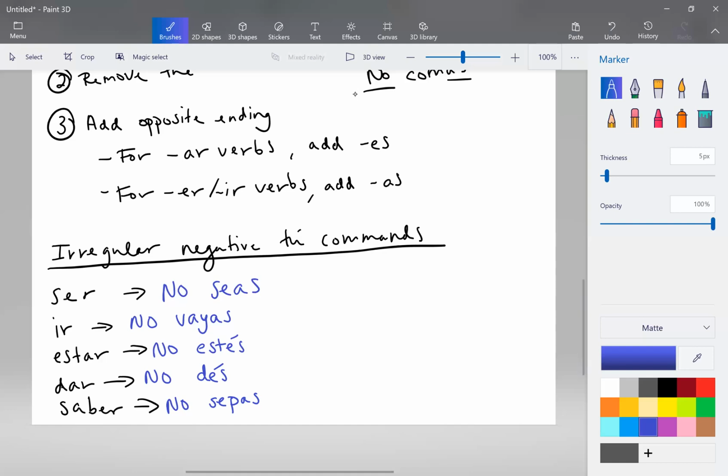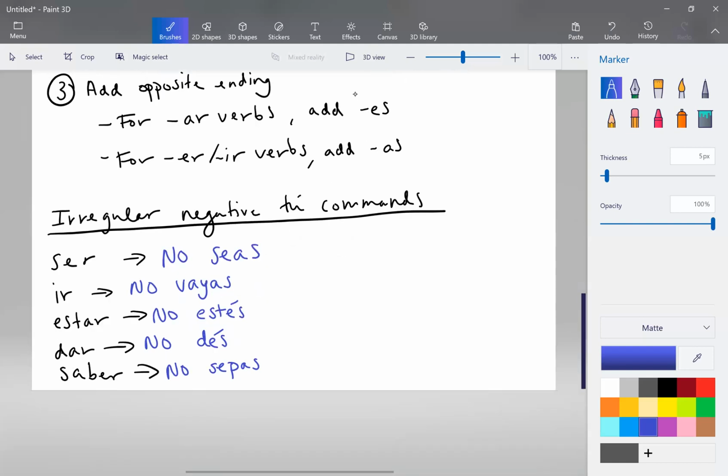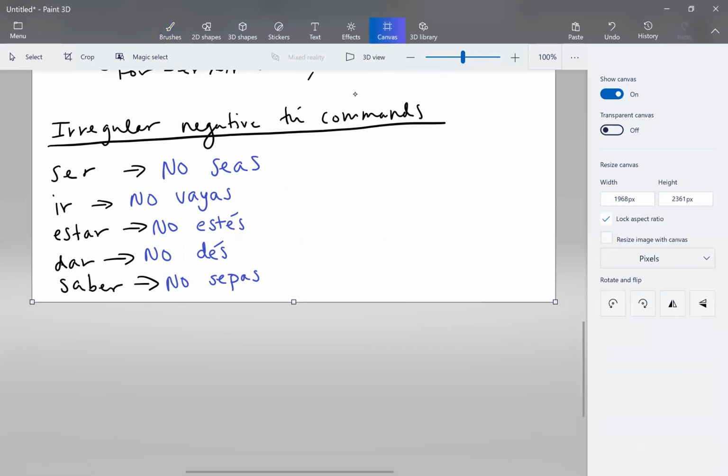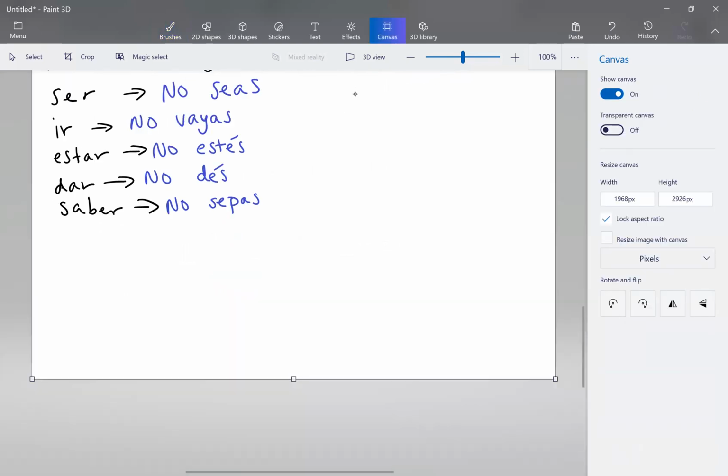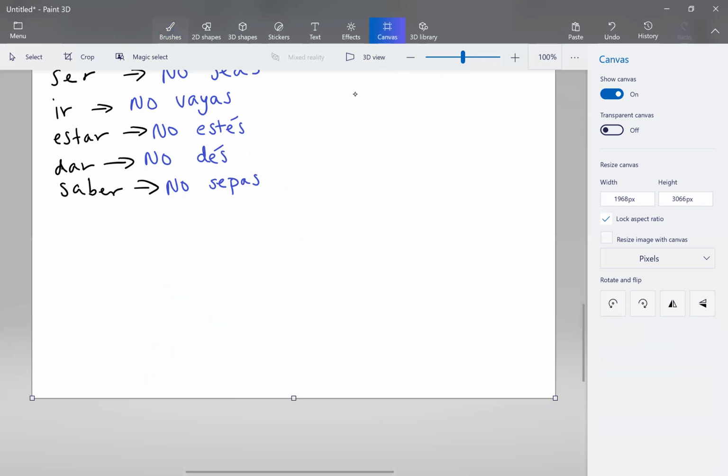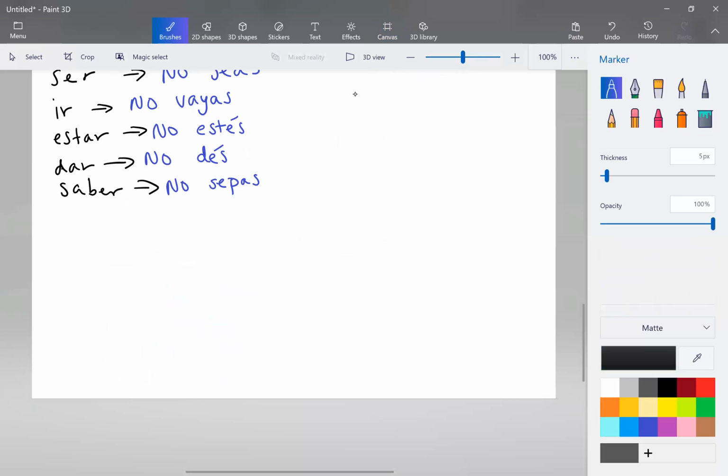Okay, so those are our five negative ones. But then there are also some other types of verbs to look for. I'm gonna call them tricky verbs. Can anyone think of some verbs that might give us some trouble?